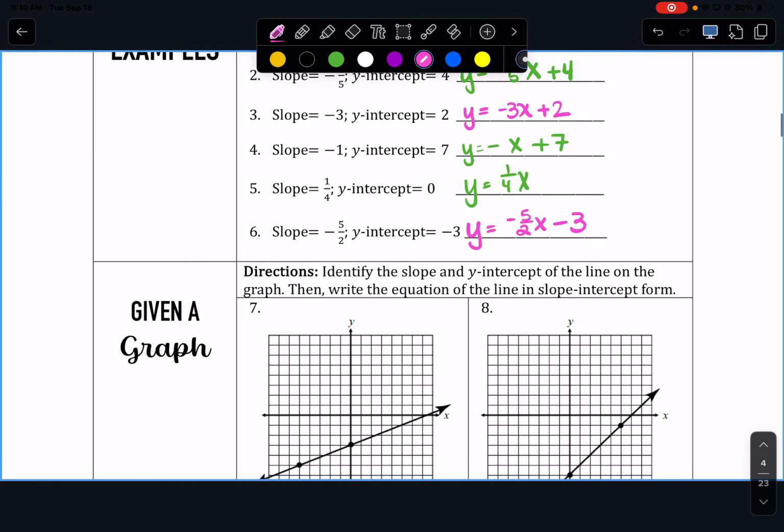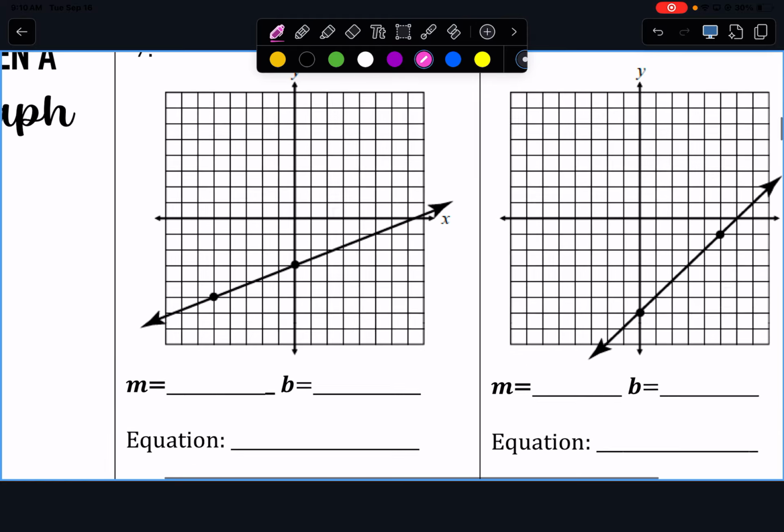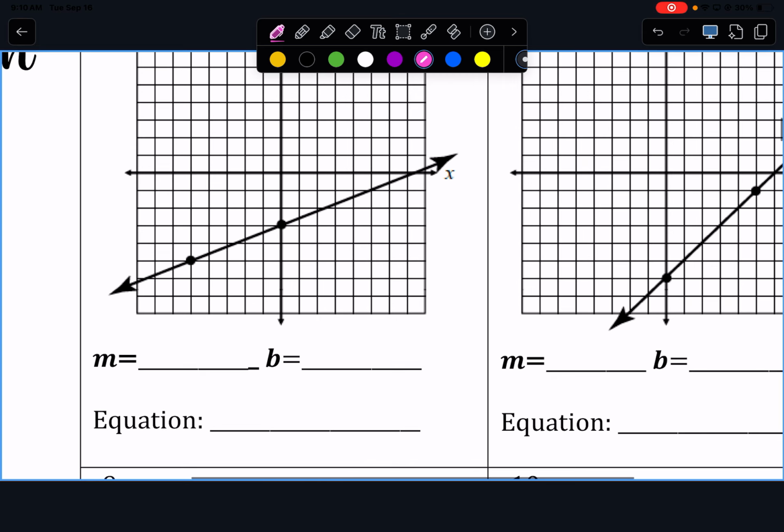Now, we're going to actually take the graph and use the graph to write our equation, our slope and y-intercept. So when we look at the graph, first thing first, easiest thing to find is our y-intercept. What is our y-intercept here? -3. Okay. What if I look at both points?